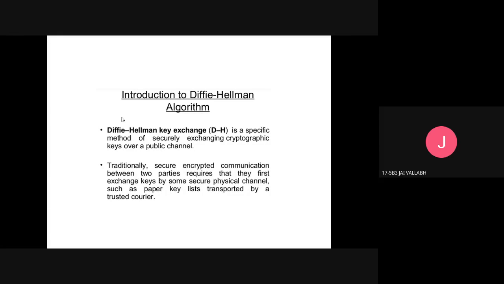To avoid this, we'll be using the Diffie-Hellman algorithm. It's not used for encryption nor does it provide digital signatures, but it can be used to generate secret keys which can be used by sender and receiver, and these keys can further be used for other encryptions.